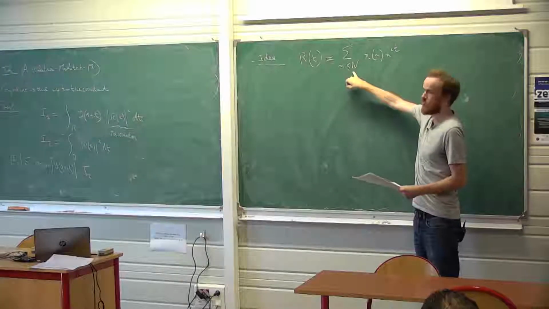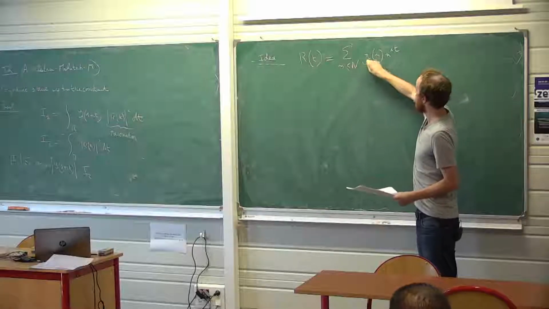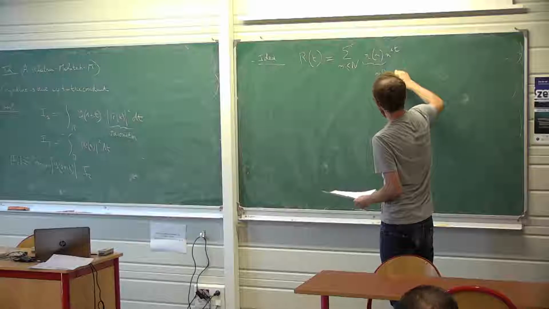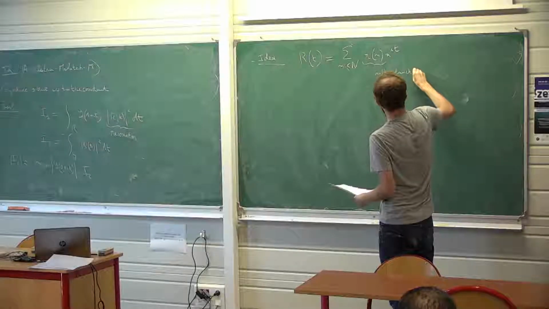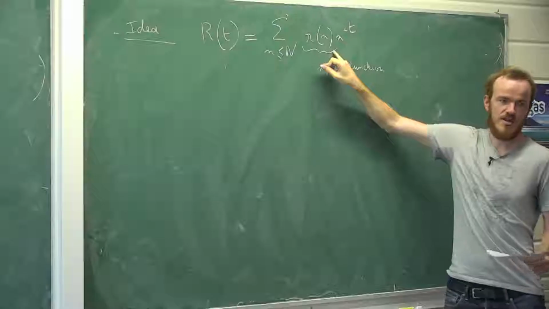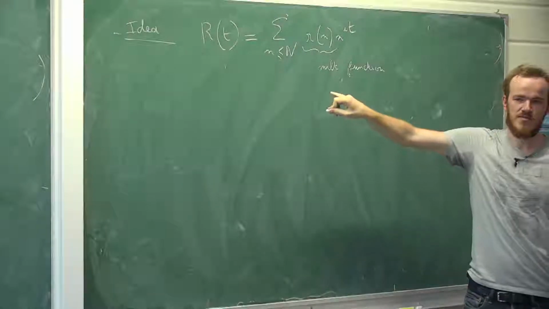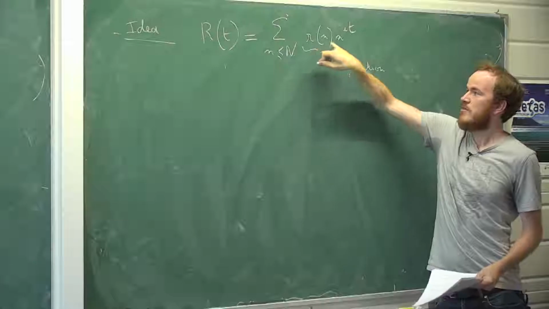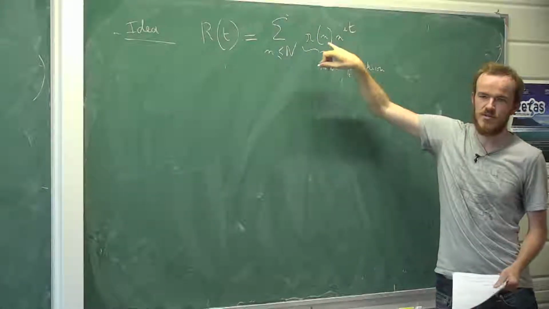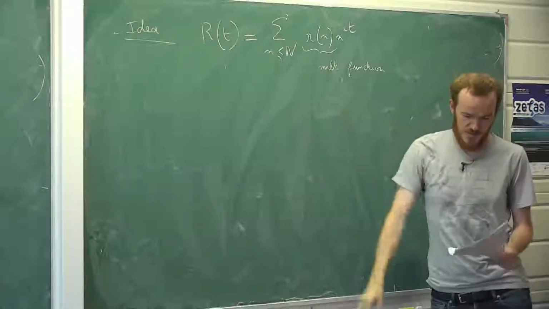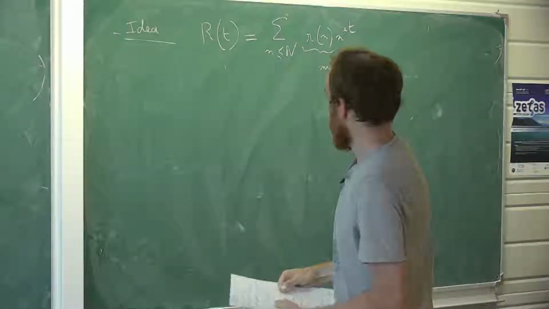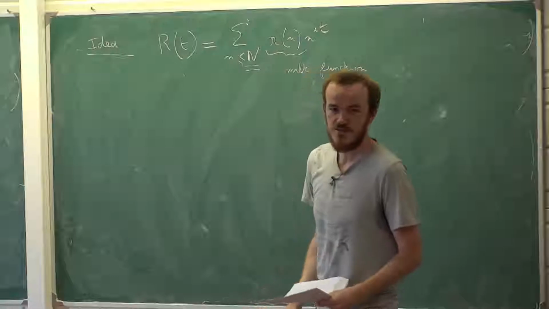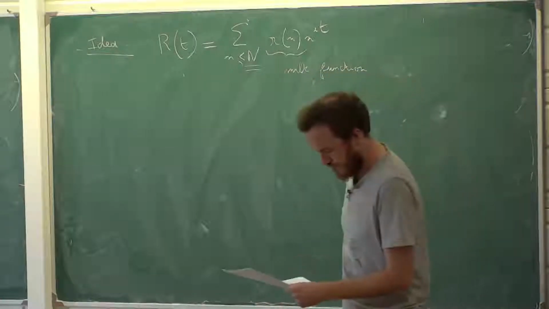So you truncate up to some big N, and here you put some multiplicative function, something that you define on the primes and you extend multiplicatively. And the point is then to define this function well on the integers to get information. But the point I will explain, you cannot take n as big as you want. You will have some problem.